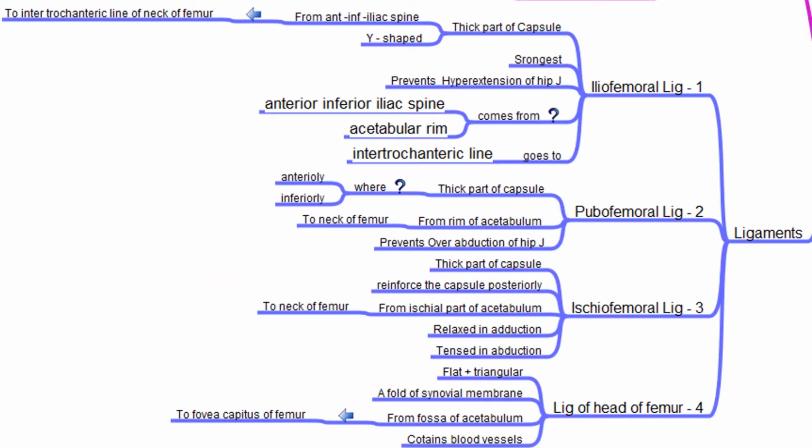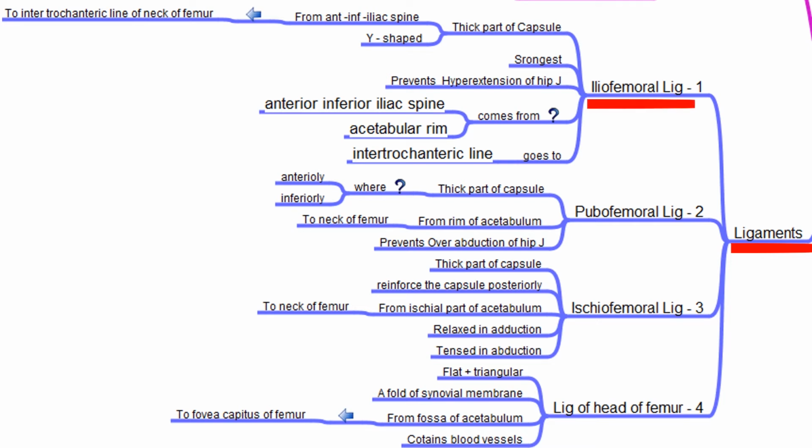Now we come to the very important subject in any synovial joint, and that is stability. One of the factors that adds stability to the hip joint is ligaments, and we have three important ligaments and a fourth which is less important, and we will discuss why it is not very important.